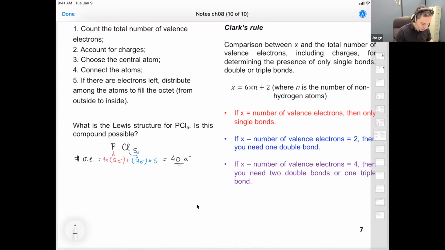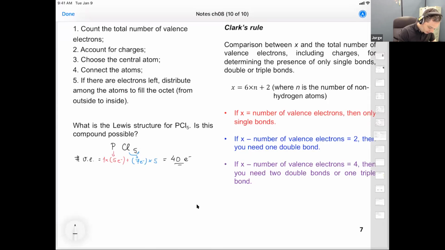We don't have any charges, so we don't have to add or subtract any electrons. The next step is to choose the central atom. The central atom is usually the largest element in the compound, and usually also the element that shows up in the lowest amount.